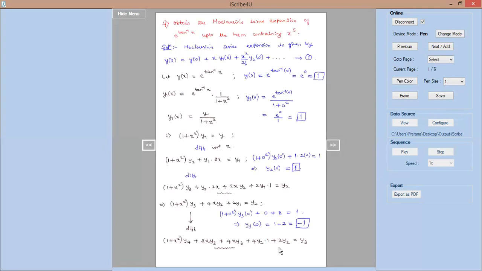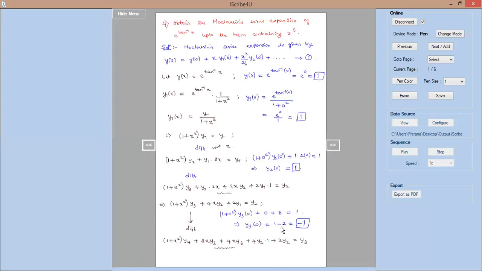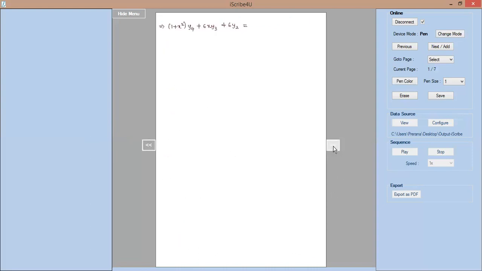The next two terms as it is. The last two terms can also be combined: 4y2 plus 2y2 gives us 6y2, is equal to y3. So this is the simplified expression for y4 of x.